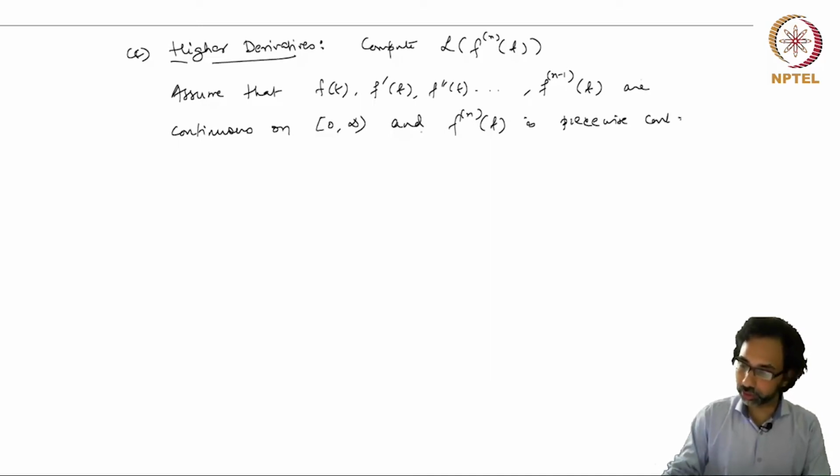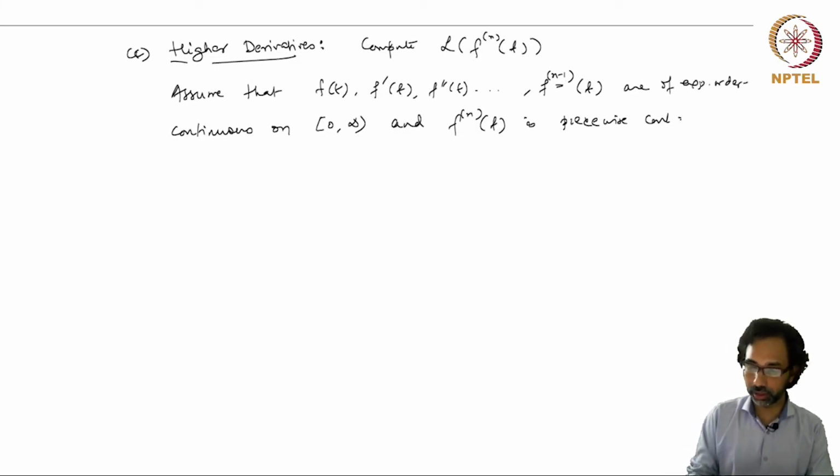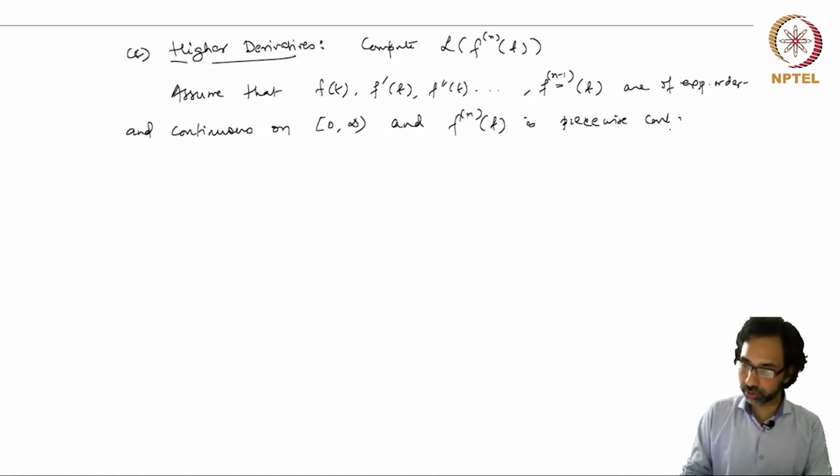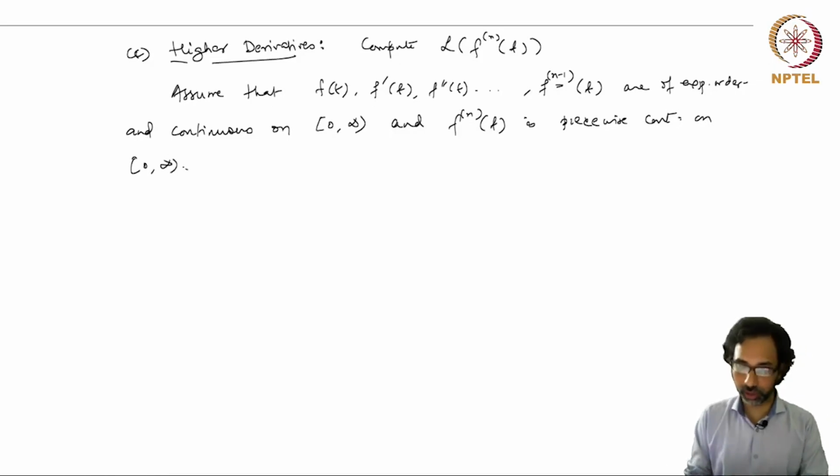I should also assume that all these derivatives up to the n minus first are of exponential order, and the nth derivative is piecewise continuous on the whole interval 0 to infinity.